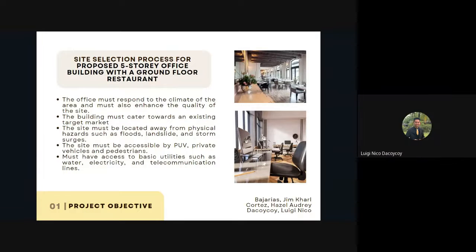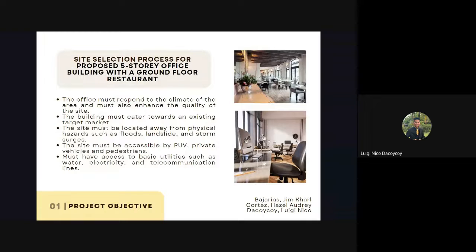Okay, good afternoon, everyone, or good evening. So for the site selection process for the proposed 5-story office building with a ground floor restaurant. For the project objective, the office must respond to the climate of the area and must also enhance the quality of the site. The building must cater towards an existing target market.